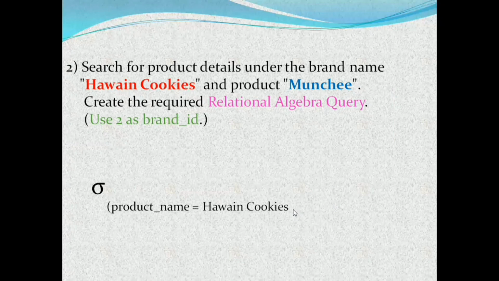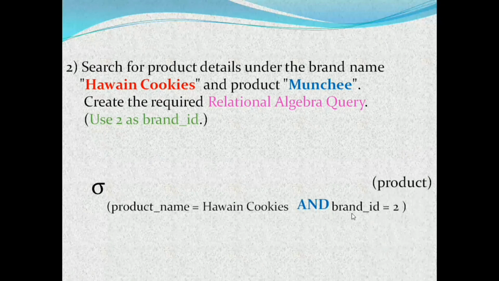We connect the conditions using the AND operator, and now we use 2 as the brand ID. So the logic formula is brand ID equals 2. We get this logic formula from the relation table, the product table. So this is the relational algebra query for that question.